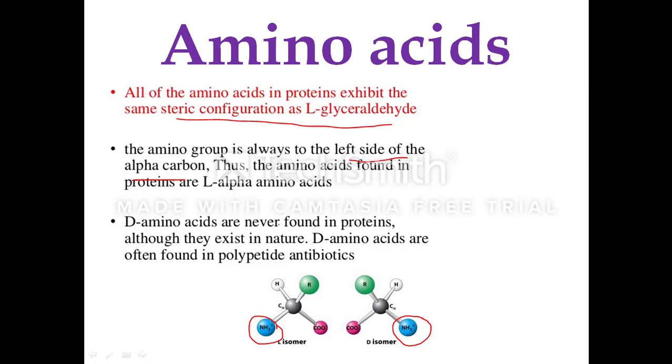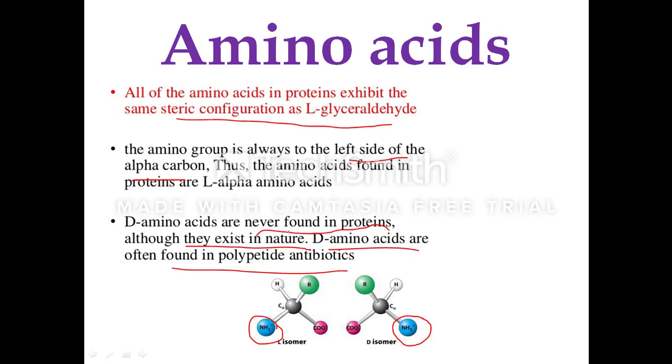D amino acids are never found in functional proteins, although they exist in nature. These D amino acids are often found in polypeptide antibiotics. They are present in antibiotics, but absent in proteins.